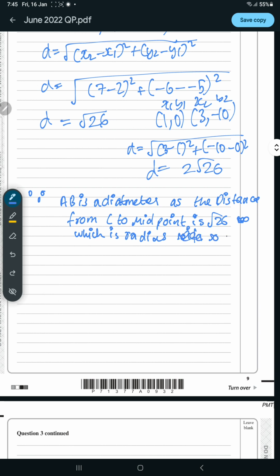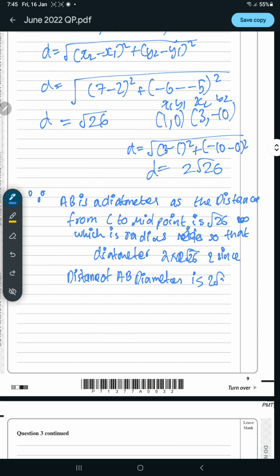So that means the diameter is going to be 2 times root 26, and the distance of AB is 2 root 26.